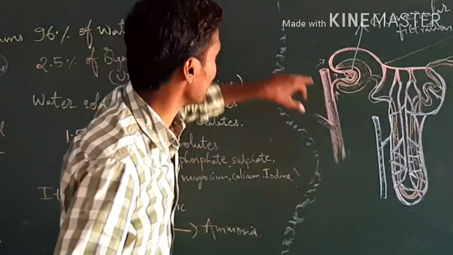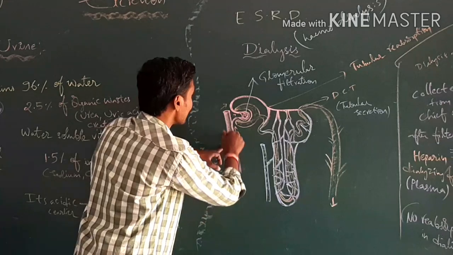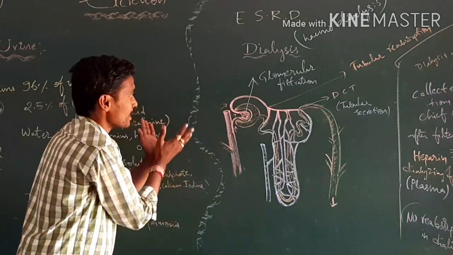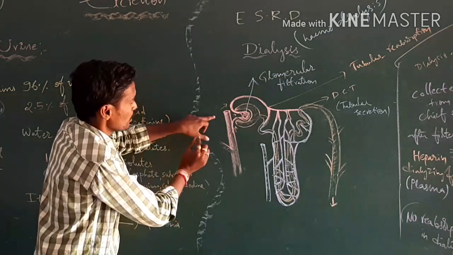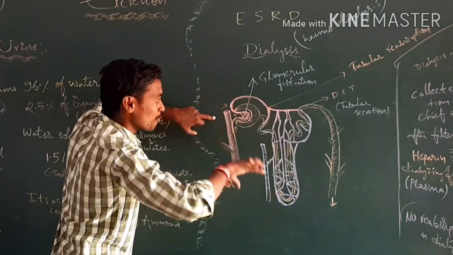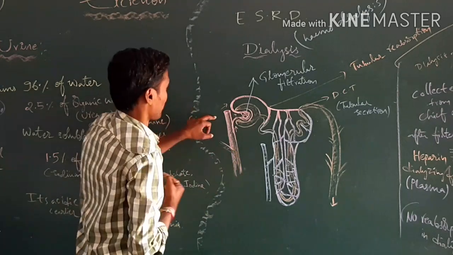Look at the board carefully. Already I told you, the renal artery enters into the kidneys having numerous nephrons. Now we are observing one nephron among the 1.3 to 1.8 million nephrons.